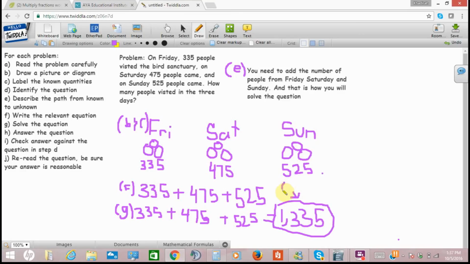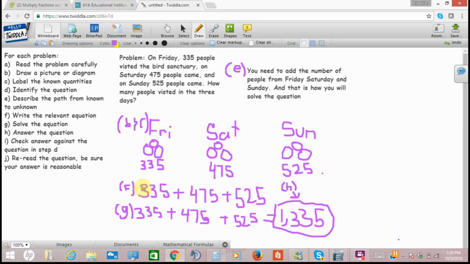So then we can label this as H since that is our product. Now let's move on to I, which is check answer against the question in step D. And step D was identify the question. And yes, this does answer the question.